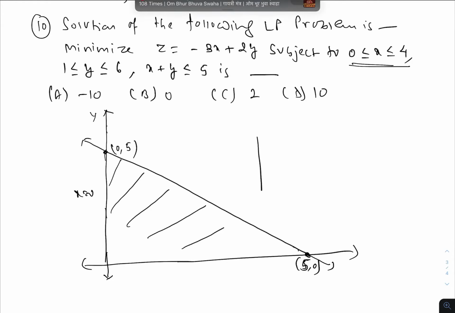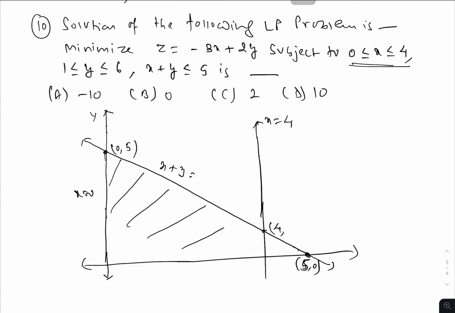Then x is 4, somewhere here, so this line is x equal to 4. When you take x equal to 4 in x plus y equal to 5, y equal to 1, so this point is 4, 1.